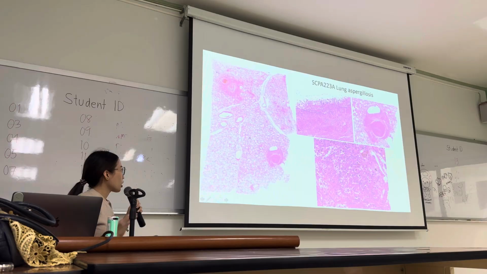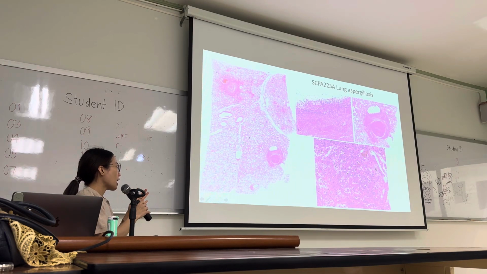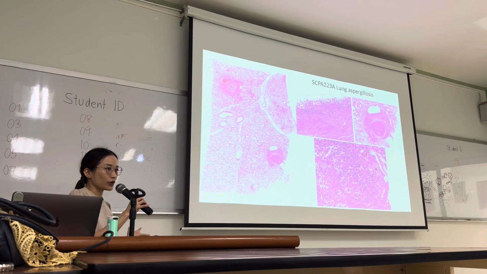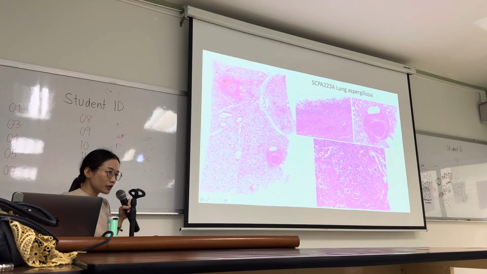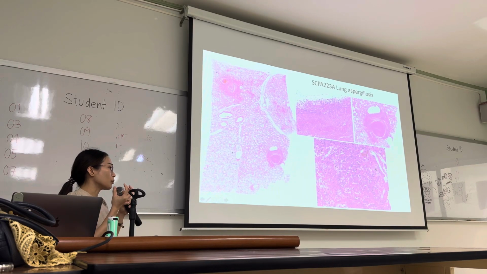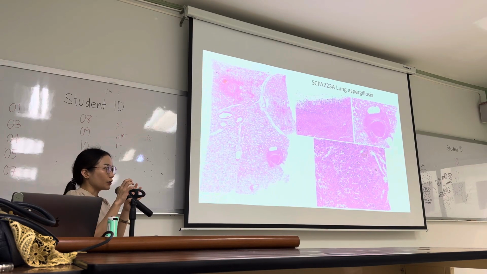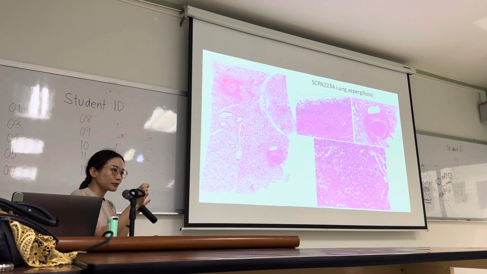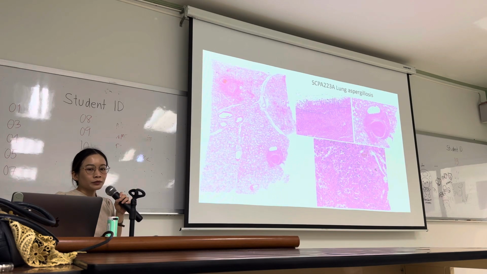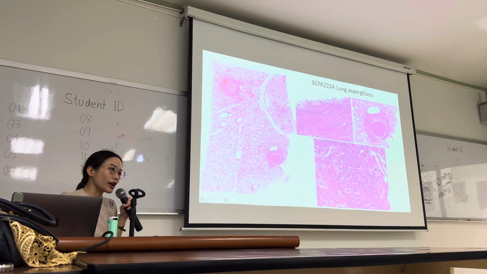Again, first you look at the slide at low magnification, and then you observe throughout the tissues. You see what the normal area looks like. In the lungs, you expect to see alveoli, right? Like a small sac filled with air. Then you can notice which is the abnormal area.